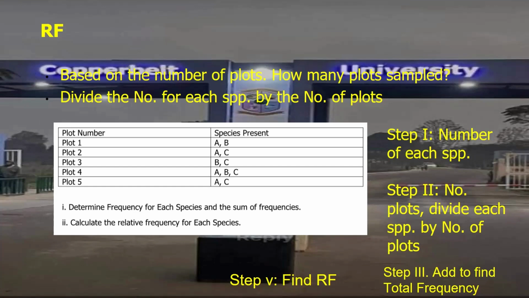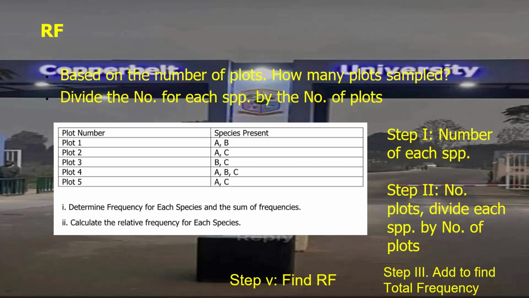Remember, the formula is the frequency for the first species divided by the total frequency, times 100. So we are saying 0.8 for species A divided by 2.2 as the total frequency, times 100, because it has to be calculated as a percentage.